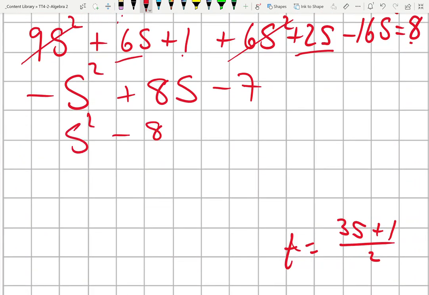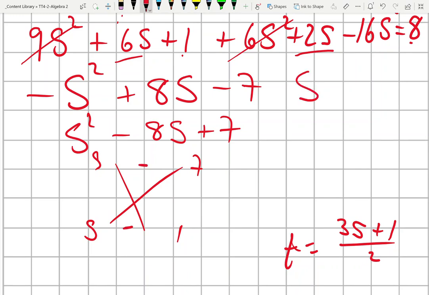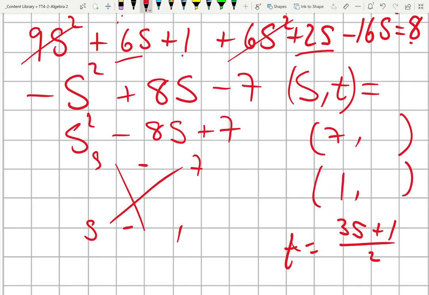Okay, so ST equals 7 with something, 1 with something. 7 with 22 over 2. 1 with 4 over 2. Done. Box your answer. And on we go.